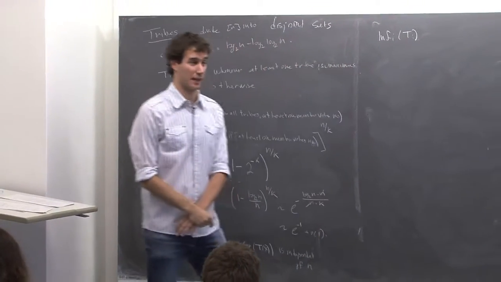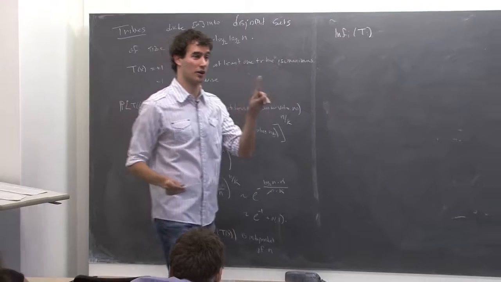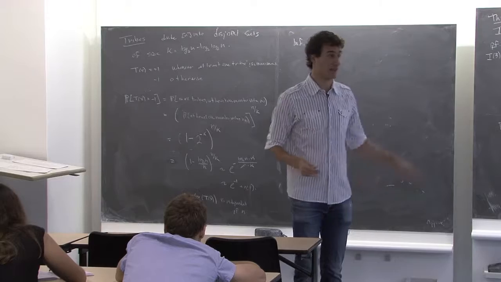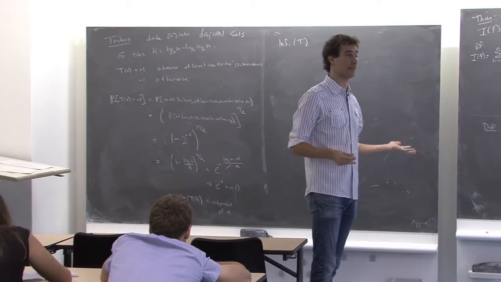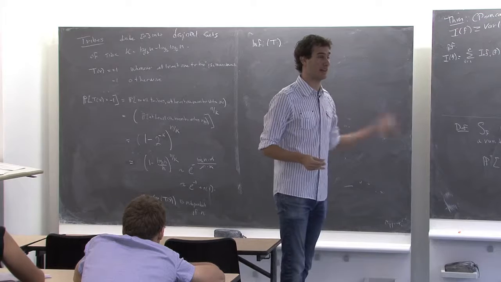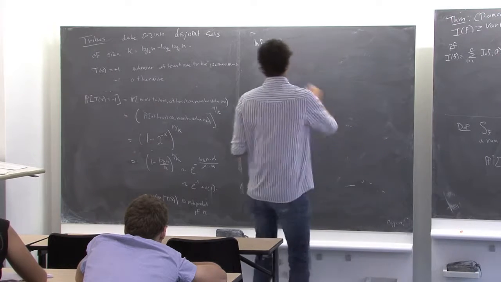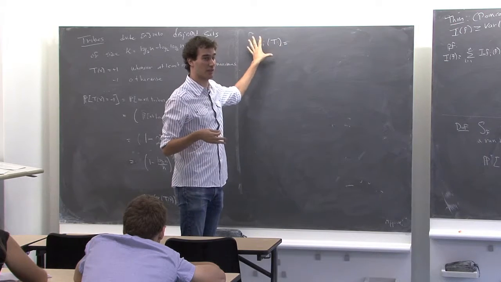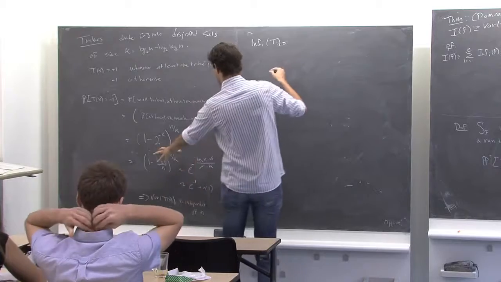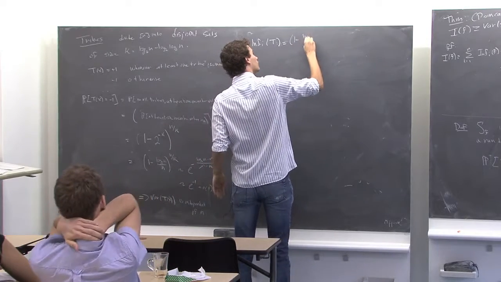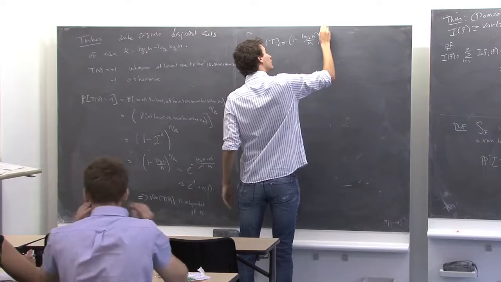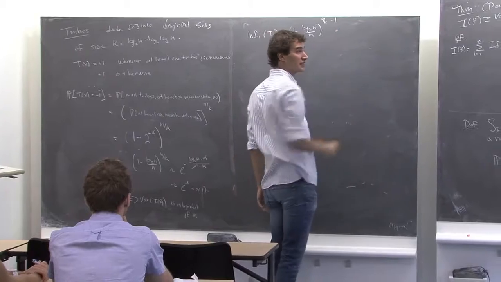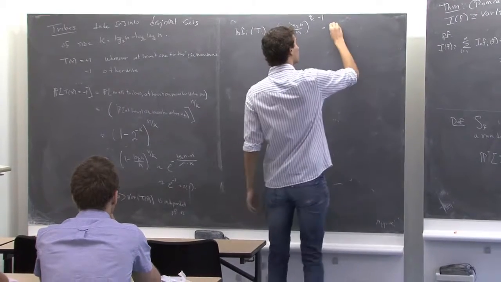Now let's look at the influence of this guy. So I pick a particular coordinate and I ask for that coordinate to be influential. What does that mean? It means that in every other tribe there must have been at least one that voted no, and in my tribe everybody else has to vote yes. So the probability of that, and therefore the expectation of it being pivotal, and therefore the influence, is the same quantity over here, except times, inside my tribe, everybody has to vote yes.